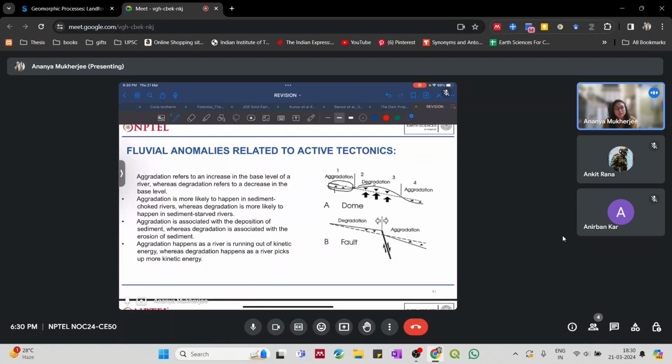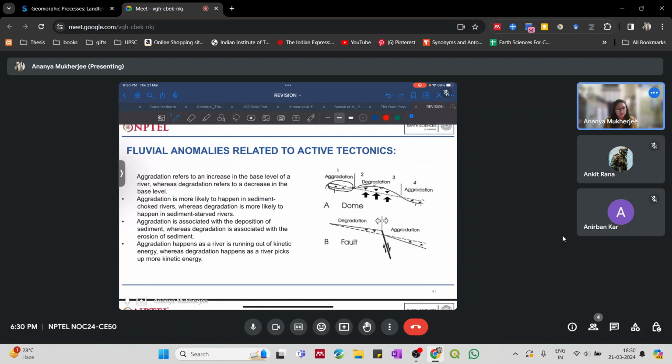So there will be aggradation in this part, and because of this base level, the river will try to get the base level down to what it was before. So the river over here starts degrading the topography. Again over here, with degradation the sediment supply would have increased, but because the base level has gone down over here, it will start aggrading.